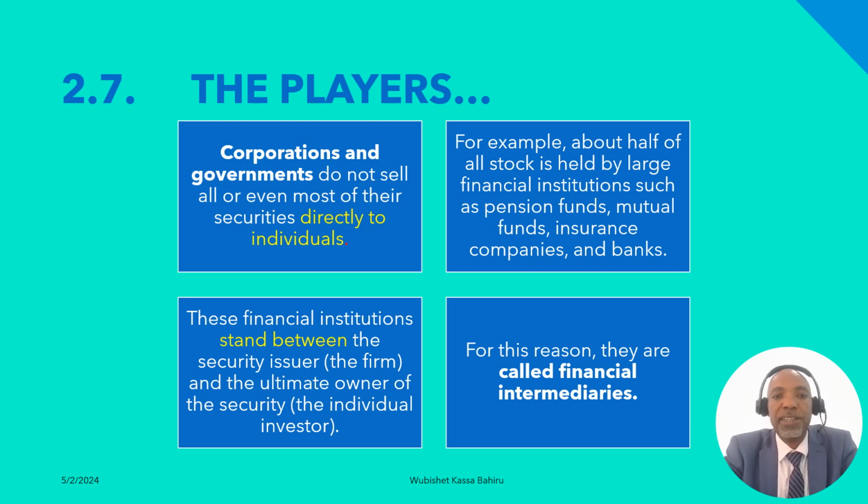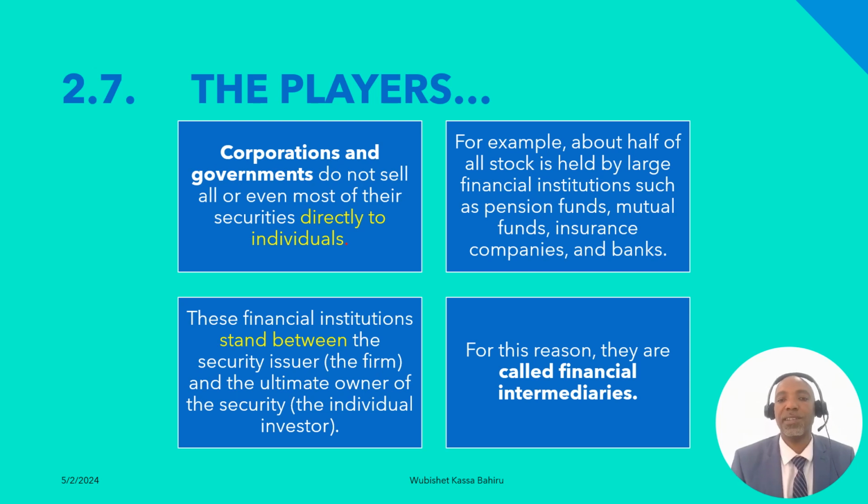So corporations and the governments do not sell all or even most of their securities directly to individuals. For example, about half of the stock is held by large financial institutions such as pension funds, mutual funds, insurance companies, and banks generally in the world. These financial institutions stand between the security issuer, which means the firms, and the ultimate owners of the security, the individual investors.